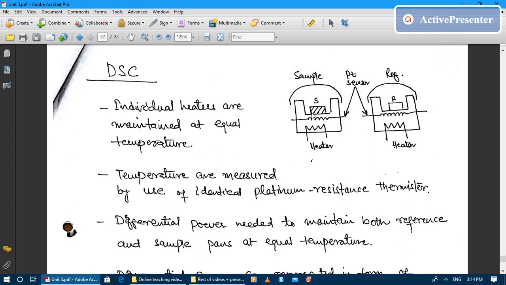But in case of some exothermic event, like crystallization of the polymer, heat will be liberated from the polymer sample itself. So when heat is liberated from the polymer sample, in this case the requirement of heat to the sample oven will be less than the reference pan. The individual heaters are maintained at equal temperature.